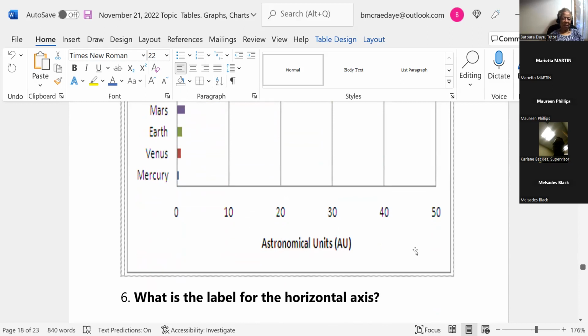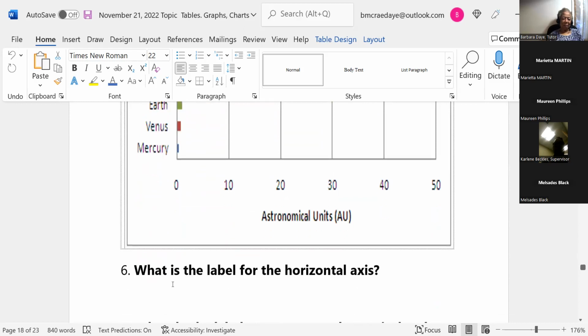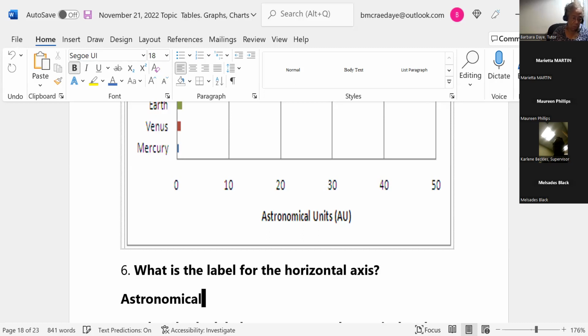No, what's the label? I didn't ask you values. The label is what is it? Astronomical units. That's right. Always know what's being shown, right? Astronomical units is called AU.